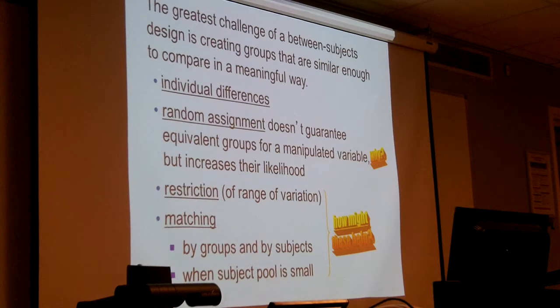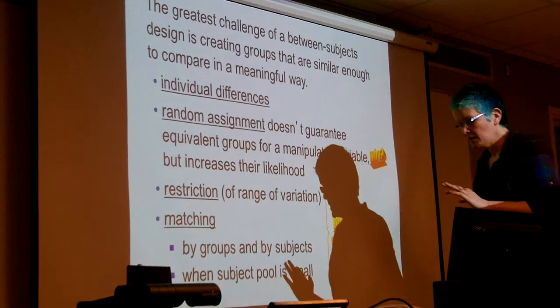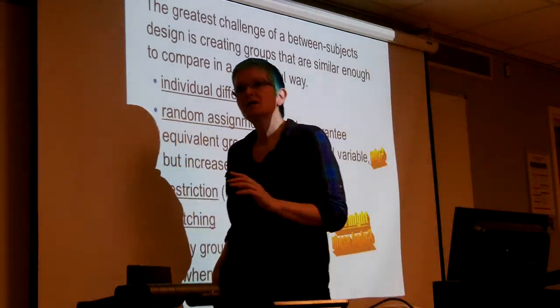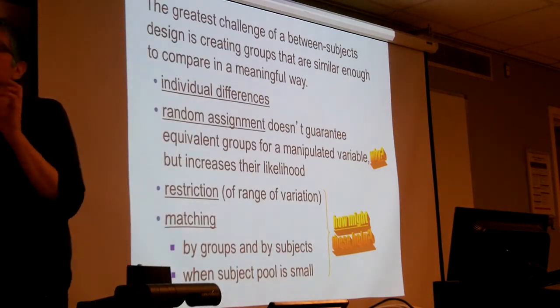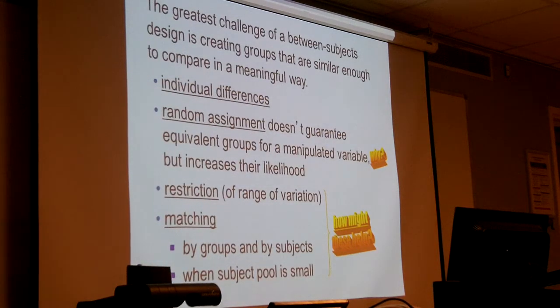I need the people in group 1 to be as much as possible like the people in group 2, and the people in group 2 to be as much as possible like the people in group 3, and the people in group 3 to be as much as possible like the people in group 1.